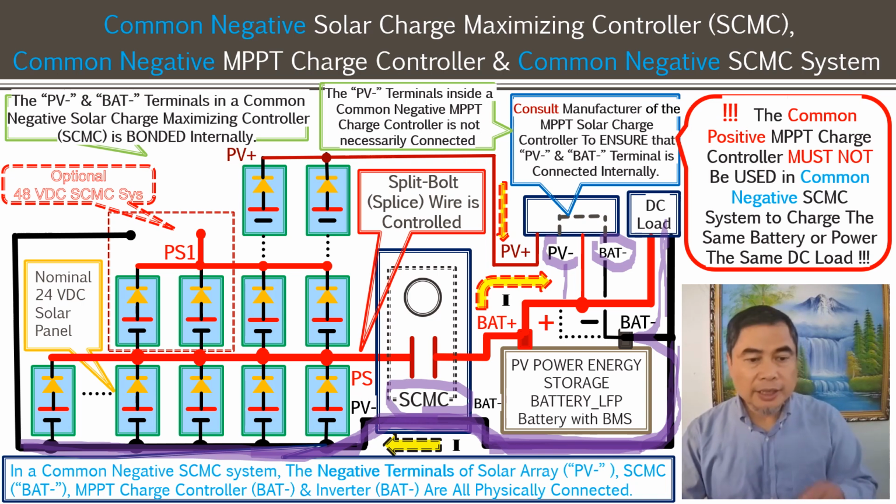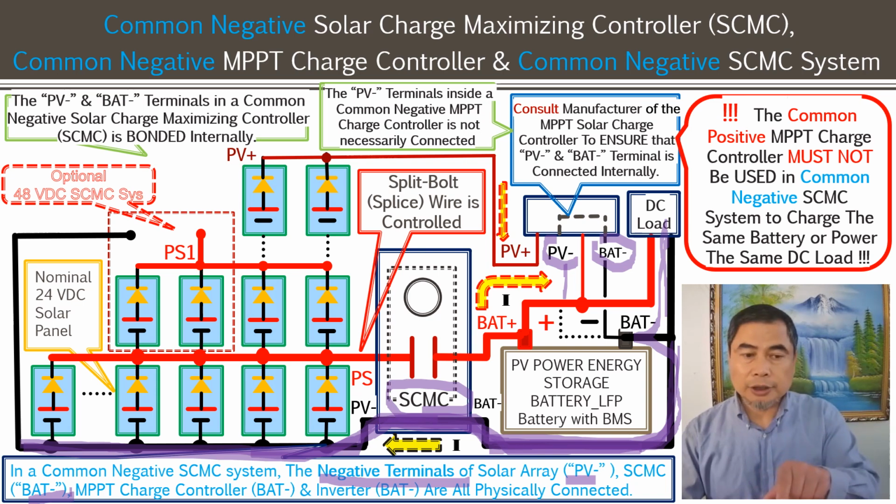In a common negative solar charge maximizing controller system, the negative terminal of all these components, the solar array, the solar charge maximizing controller, the MPPT solar charge controller battery negative, and the inverter battery negative, are all physically connected.